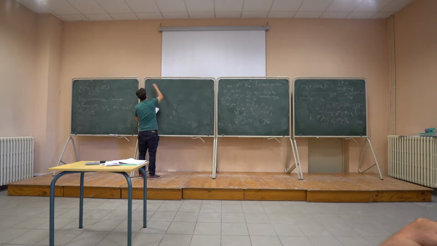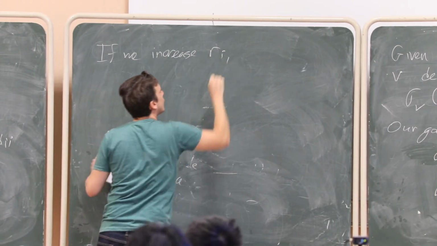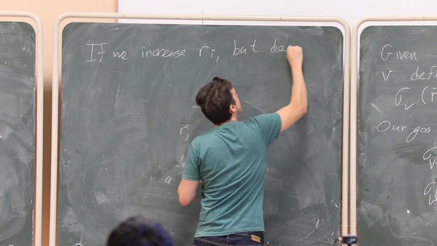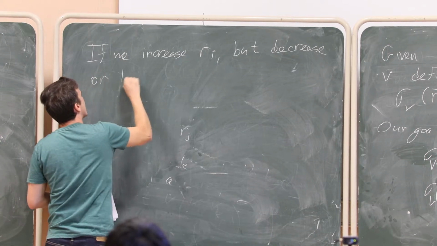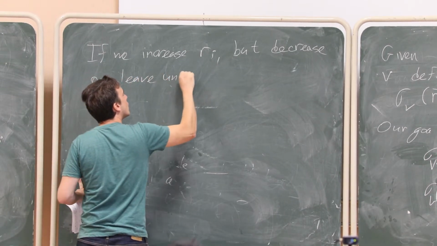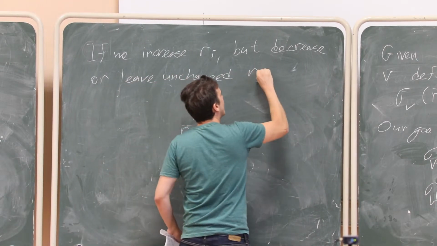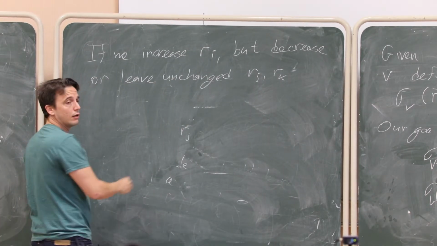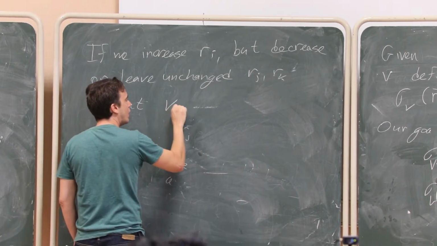If we increase Ri, and leave Rj and Rk unchanged, what happens to the angle at Vi?